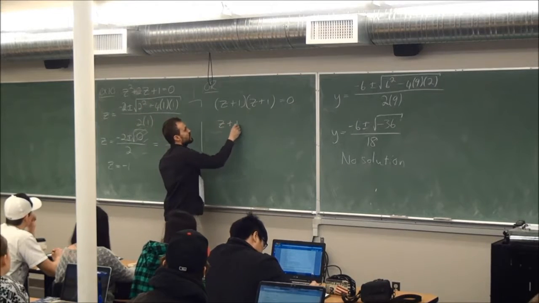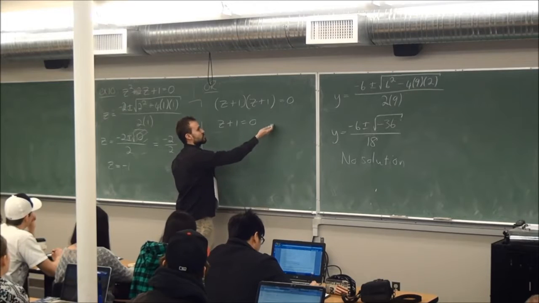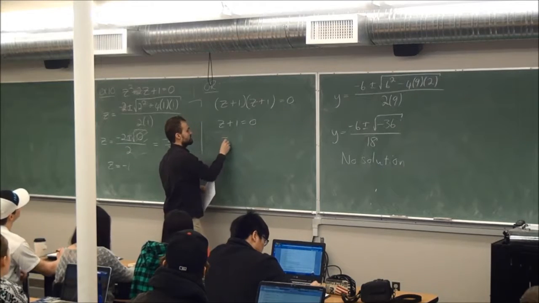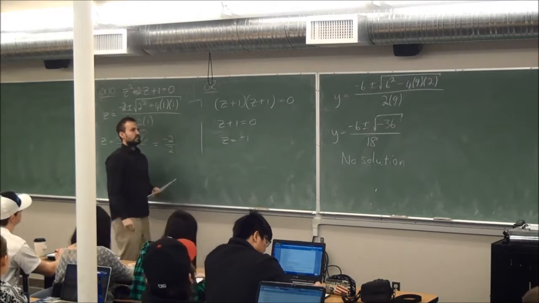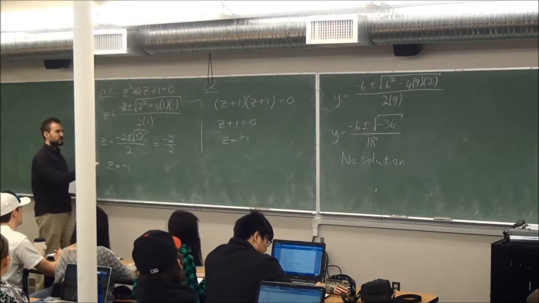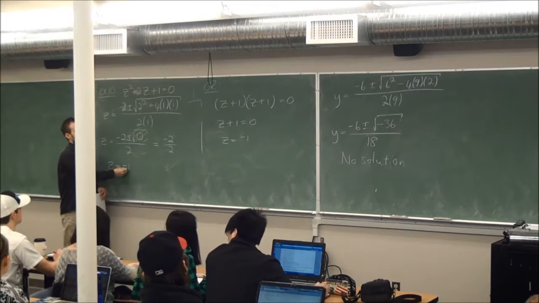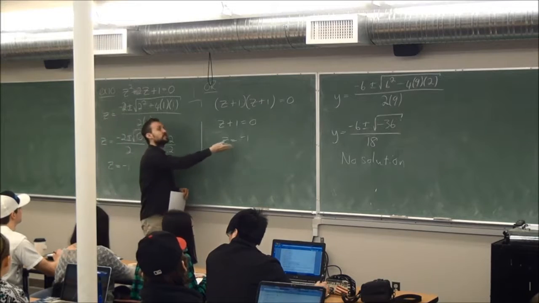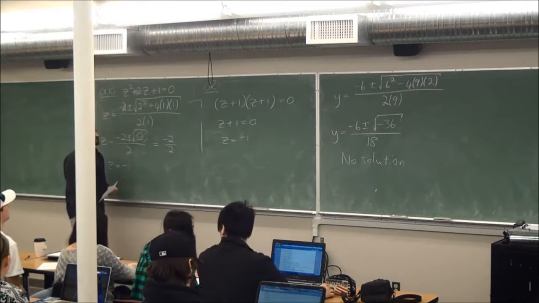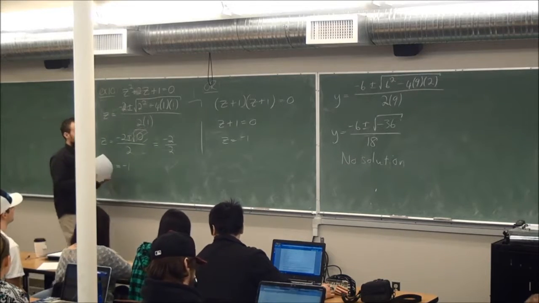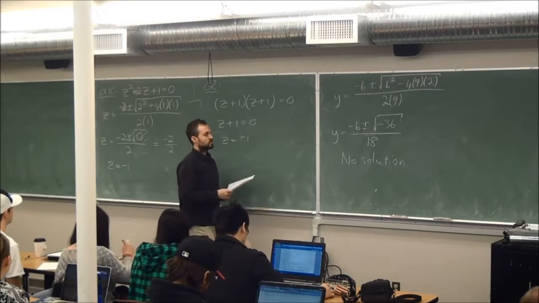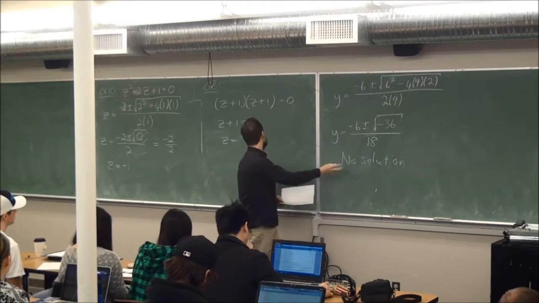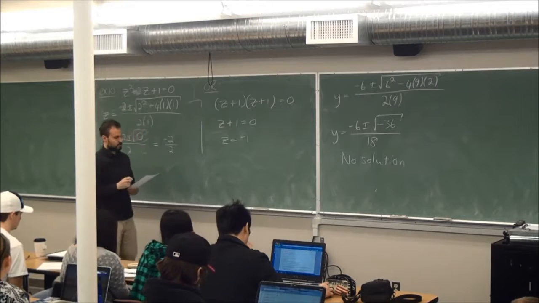And then I only get z plus 1 is equal to 0, or z plus 1 is equal to 0, it's the same thing. So in a sense, there is still 2 solutions, but they sort of fall on the same number, giving me what seems to be only one solution. So I can get 3 different things. I can get 2 different solutions, I can get no solution, or I can get exactly one solution.